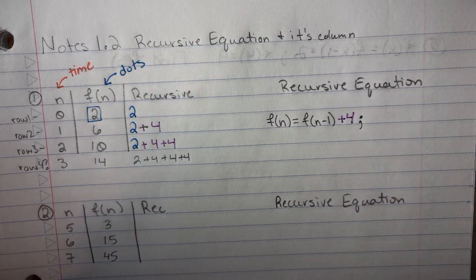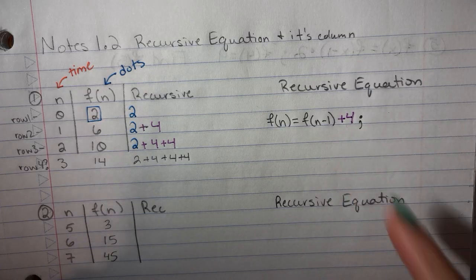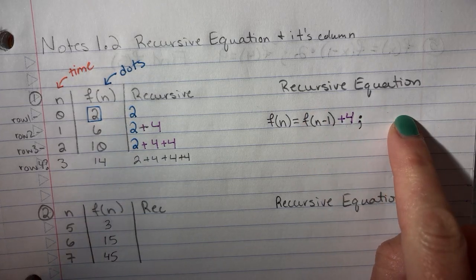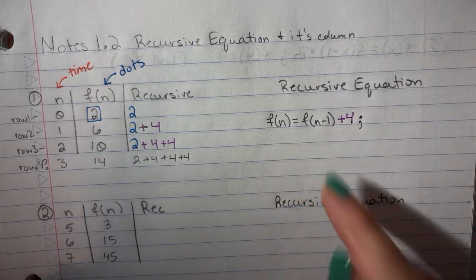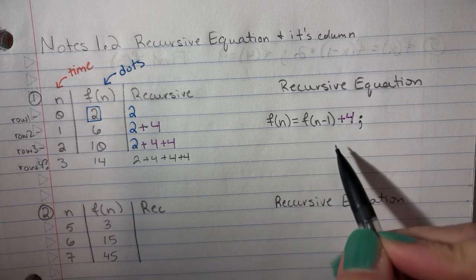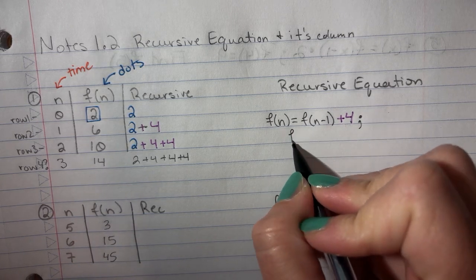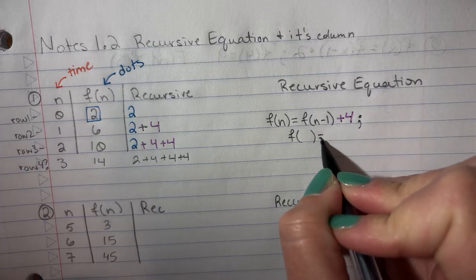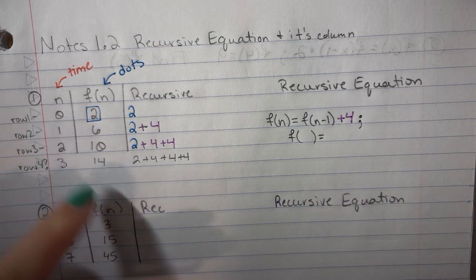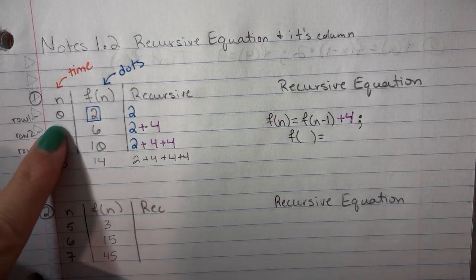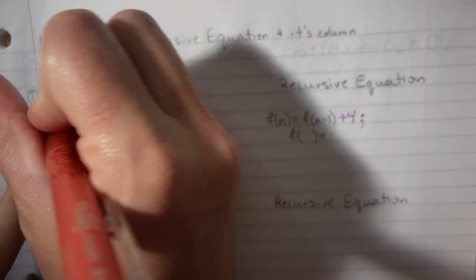Then typically you'll see a semicolon, and sometimes this next piece is written next to it, sometimes it's written under it. But with the recursive equation, you also have to show what you start with. Okay, so what we start with is f of 0, right?